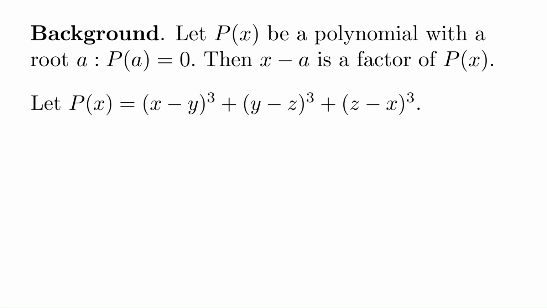The first one: let p of x equal (x minus y) cubed plus (y minus z) cubed plus (z minus x) cubed. Here, we consider the expression as a polynomial of just one variable x, and y and z are parameters.